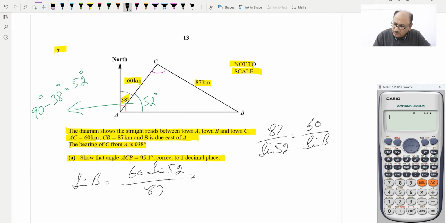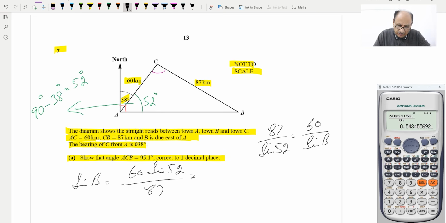This will be 60 and sine of 52 over 87, and we need to close the bracket here, and this will be equal to 0.54. This is basically the sine B value.